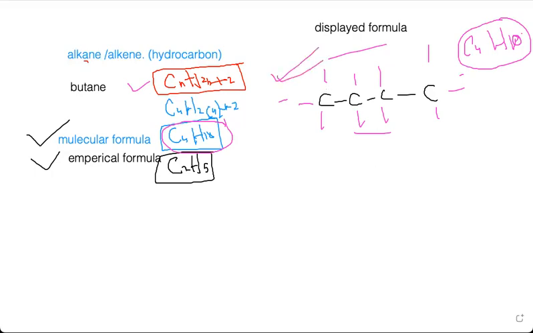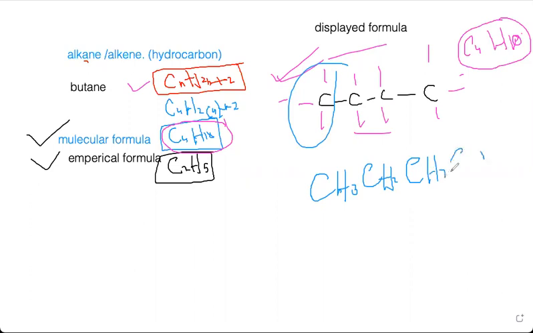Okay. Then what is the structural formula? A structural formula is the formula which can be made just according to the structure. This is the easiest way I could define it. So for the structural formula, you can say CH3, then CH2, then CH2, and then CH3. This is a structural formula.